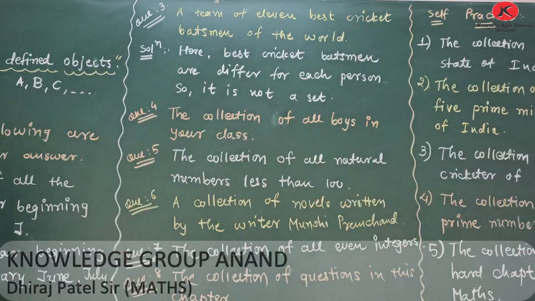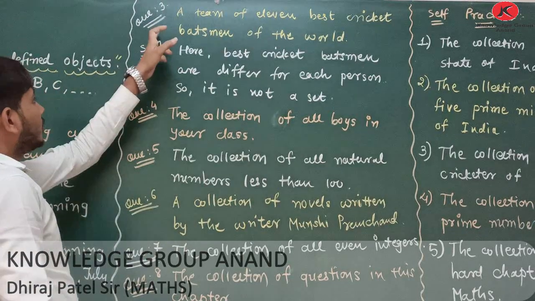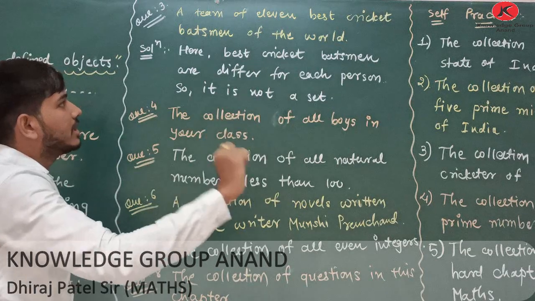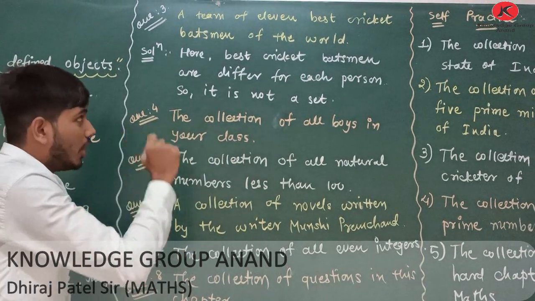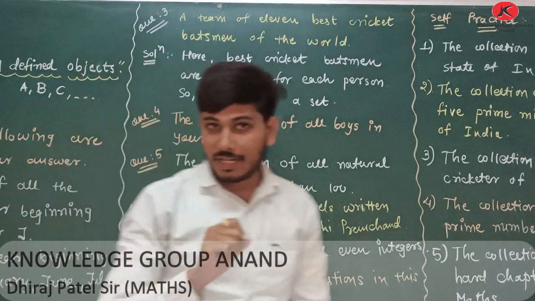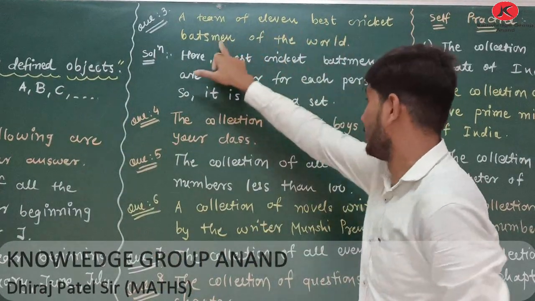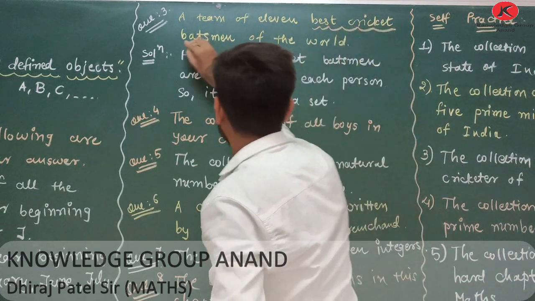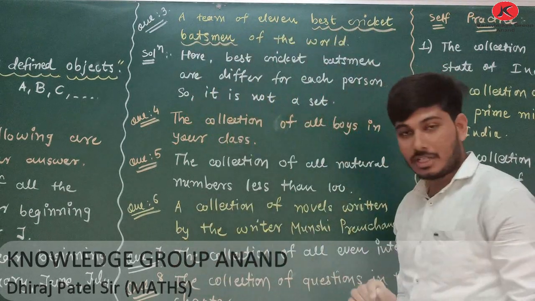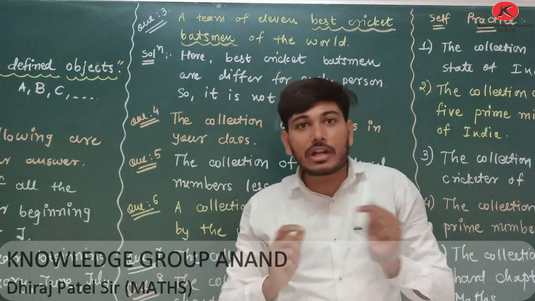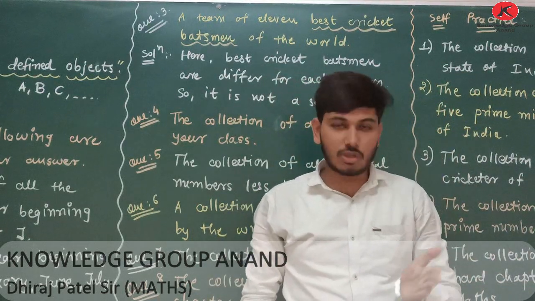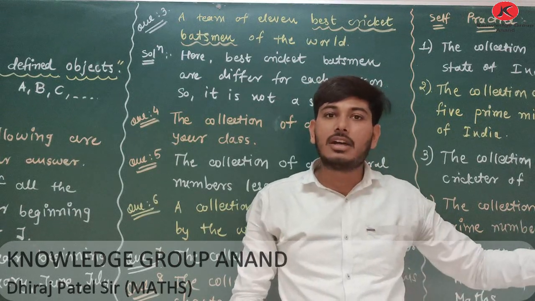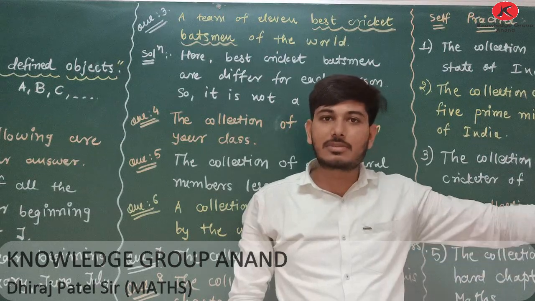Okay. Now question number 3. A team of 11 best cricket batsmen of the world. Best cricket batsmen is the important phrase here. According to me, there are MS Dhoni, Virat Kohli, Rohit Sharma, Sachin Tendulkar, Gilchrist, Pollard.